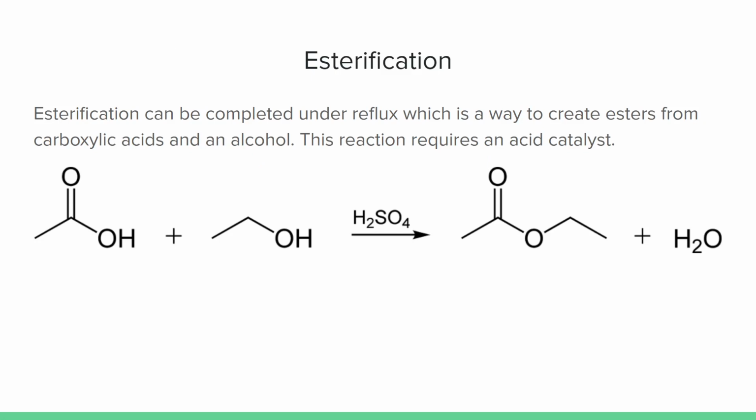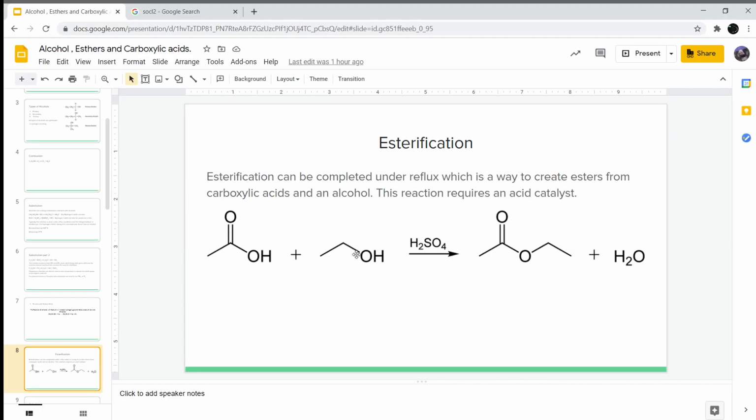The next one is what's known as esterification. And esterification is the process by which we combine a carboxylic acid and an alcohol. And what's going to happen in this particular type of reaction is that these two molecules are going to end up coming together.